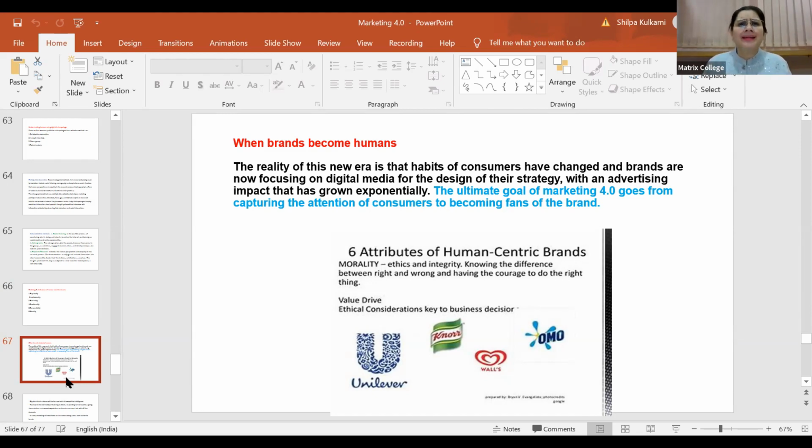Big data and data science are the new competitive intelligence tools which are coming up, and are more powerful than the traditional focus groups in order to discover and anticipate the latest needs in the market. The ultimate goal of marketing 4.0 goes from capturing the attention of consumers to becoming the fans of the brand, is what we studied.